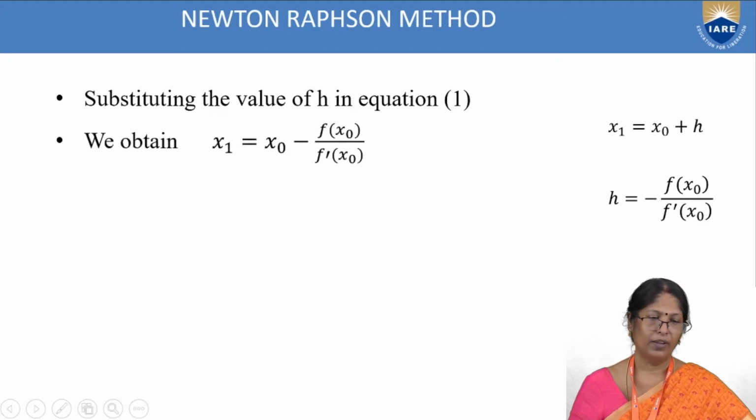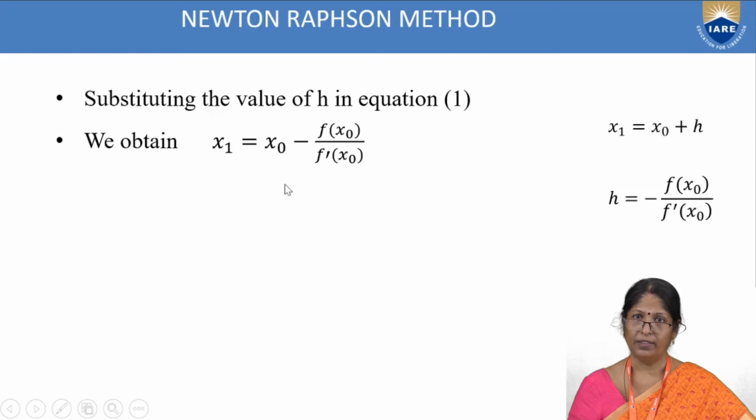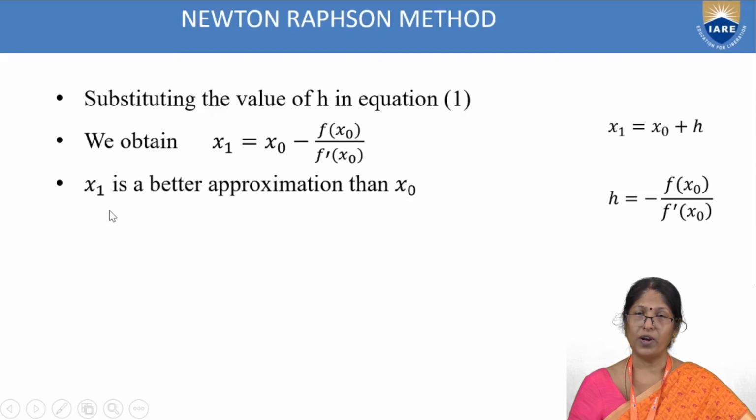So now x1 equal to x naught plus h, taking this value and substituting here, it becomes x1 equal to x naught minus f of x naught by f dash of x naught. x1 is now a better approximation than x naught.